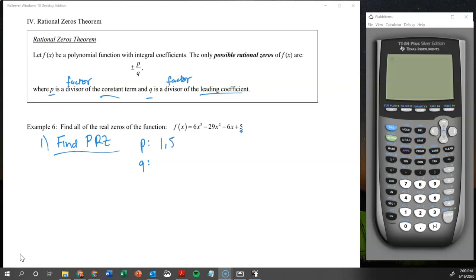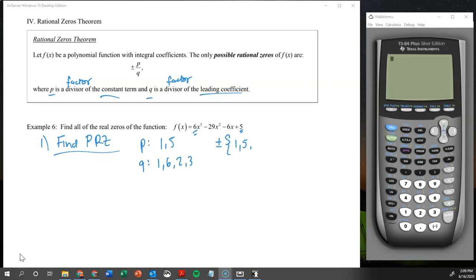For q, that's the factors of the leading coefficient, and the factors of 6 are just 1 and 6, 2 and 3. Now when I find the PRZs, this is going to be positive and negative, all of the p's divided by each of the q's. If I take 1 and 5 and divide by 1, that's just 1 and 5.